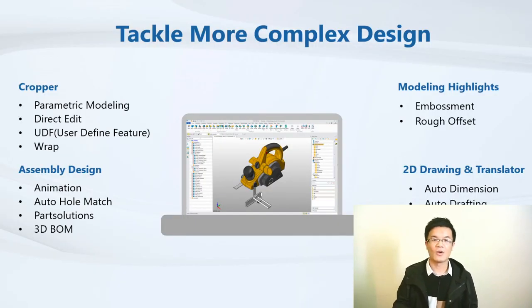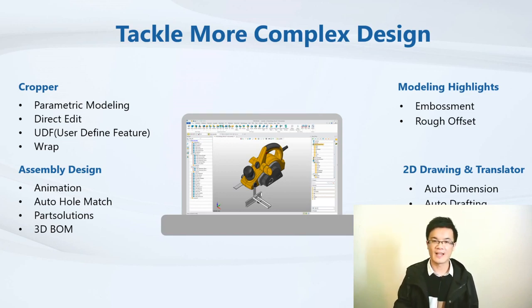Okay, that's all about the introduction of ZW3D CAD today. Let's review what I talked about just now. First, I showed you how to design a corporate case with parametric modeling, direct edit, and insert some features with our UDF. And you can also create some complex features with our web command.